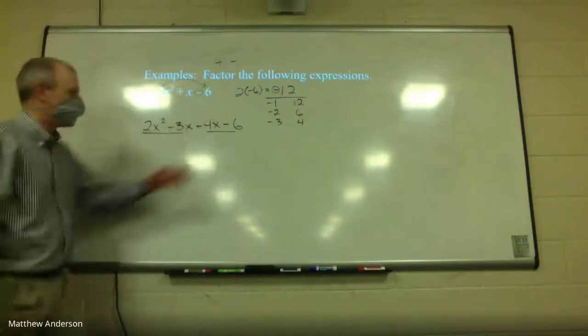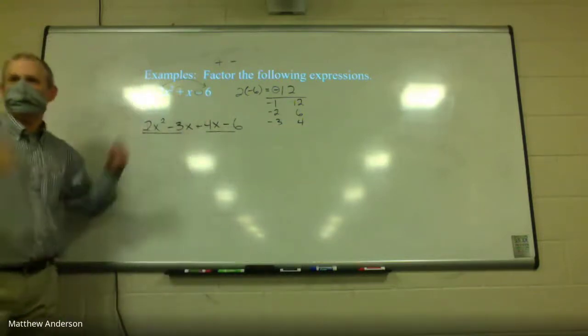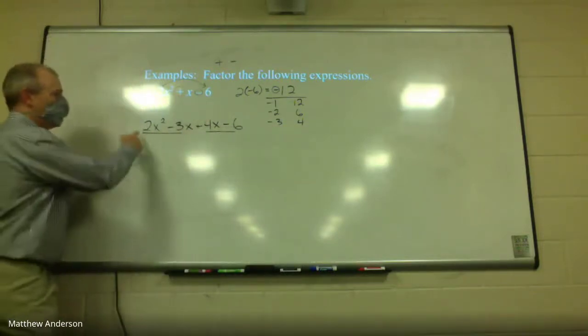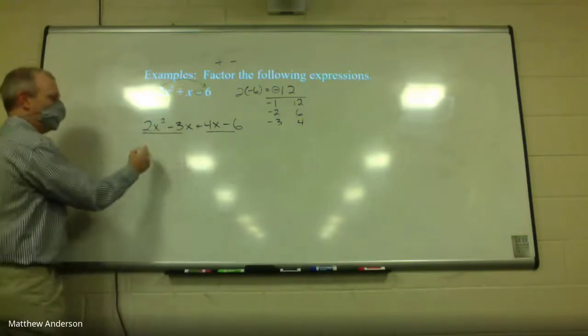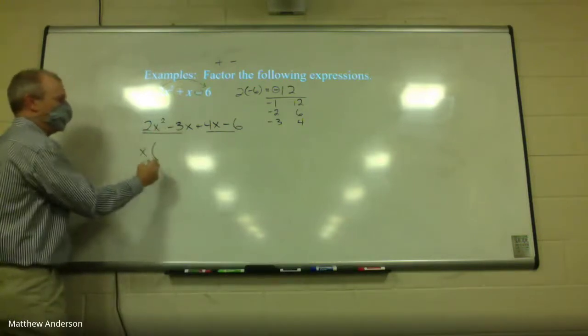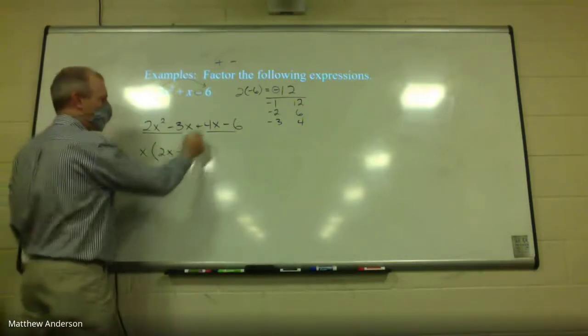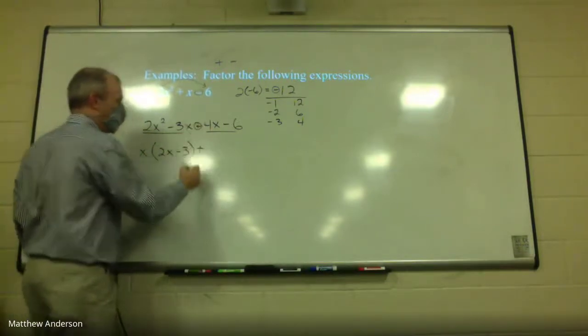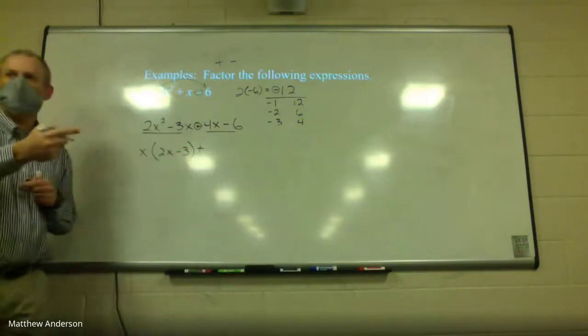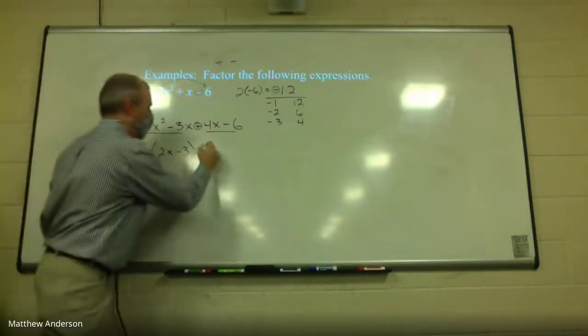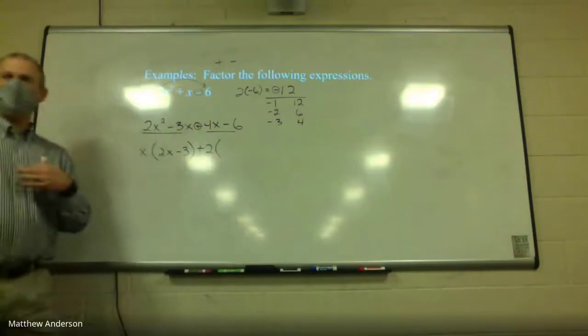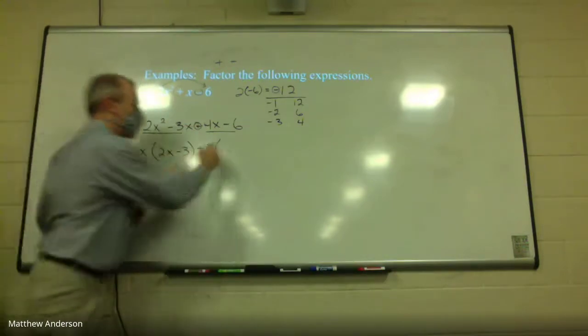Whichever one goes first. I just put them in the same order that I have them over here, but it doesn't make any difference. What can we take out of the first group? Just an x. What's left? 2x minus 3. We've got to take out the plus sign, so plus. What can we take out of the second group? A 2. And what's going to be left there when we divide out that 2? 2x minus 3.